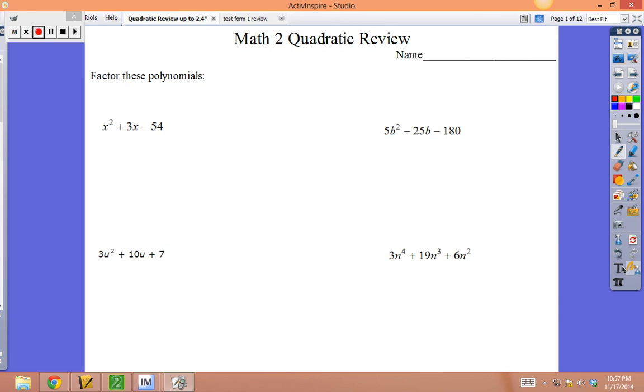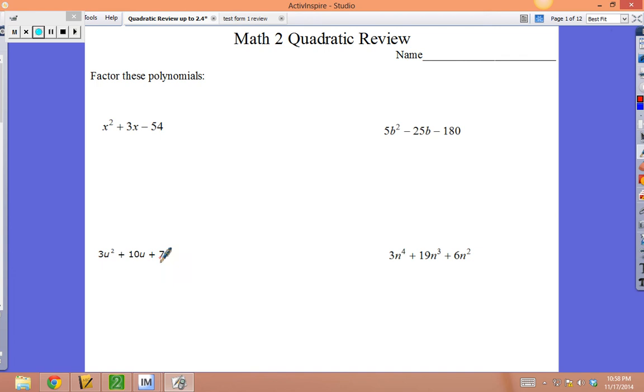Okay, these bottom two are like AA4. 3, 10, and 7, they got nothing in common. Let me start the timer here. So they got nothing in common. You can't divide them all by a common factor. We're going to take this 3u squared plus 10u plus 7.